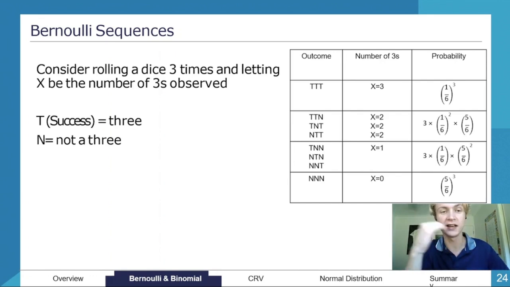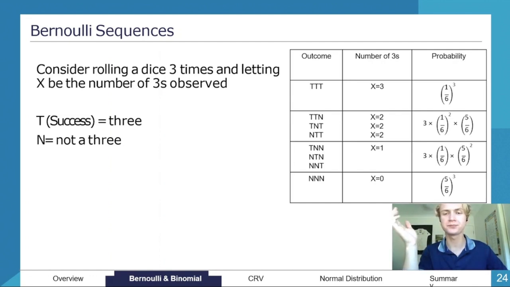I'm just showing the derivation of the formula here. What we would do is, we would let success, which would be T, equal 3. N would be not a 3. We could also let x equal success, so equals 3. And the probability that x equals 3 is 1/6 to the power of 3 of getting TTT.